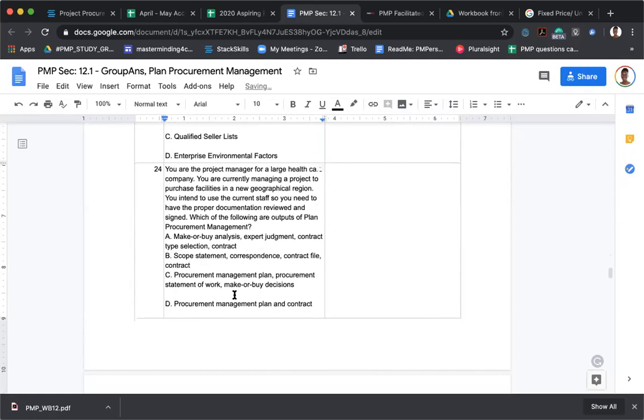You're the project manager for a large health care company. You're currently managing a project to purchase facilities in a new geographical region. You intend to use the current staff, so you need to have the proper documentation reviewed and signed. Which of the following are outputs of plan procurement management?